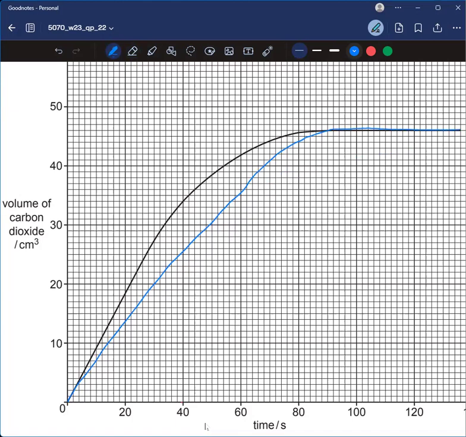Just like now, I'm telling you verbally, let me highlight it for you. From here, this part would be steeper than this one, okay?